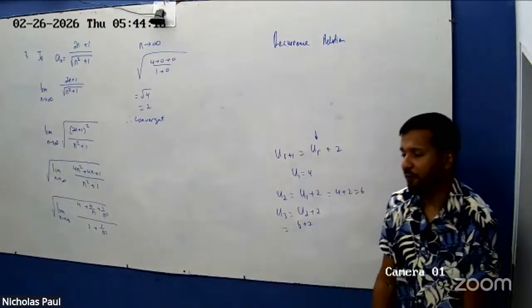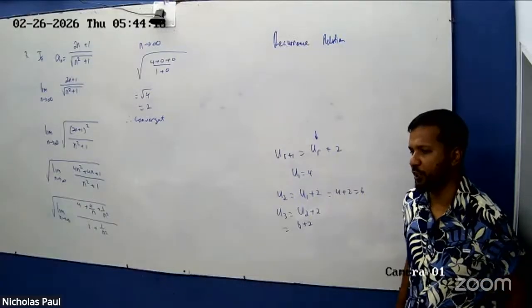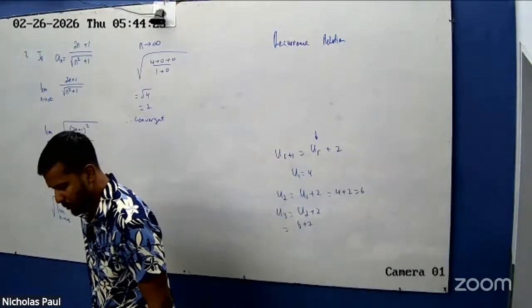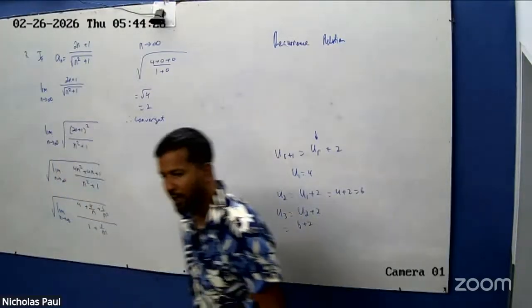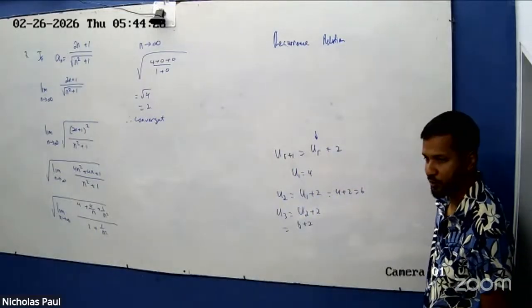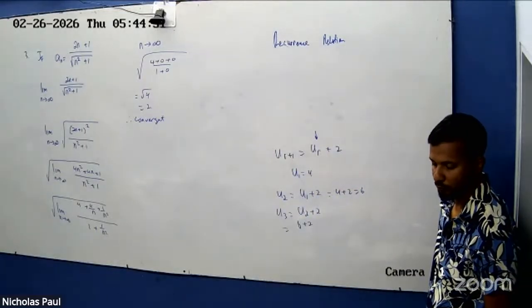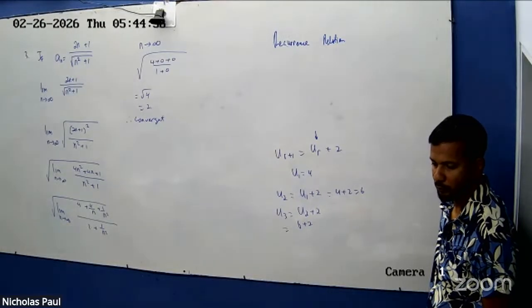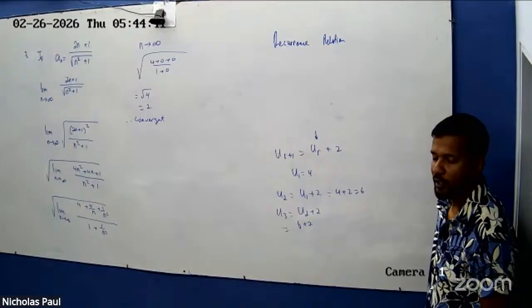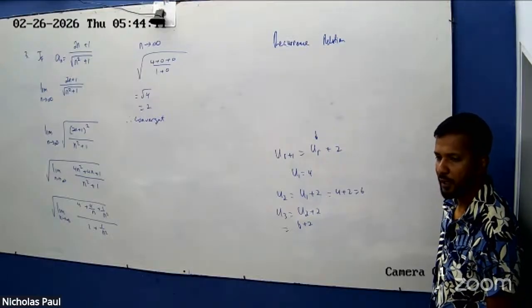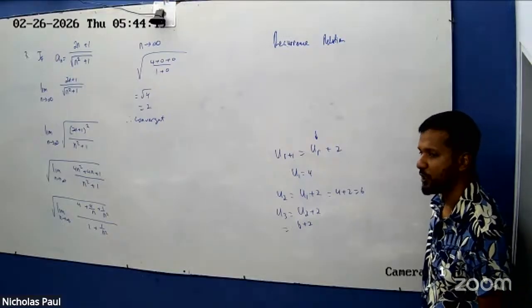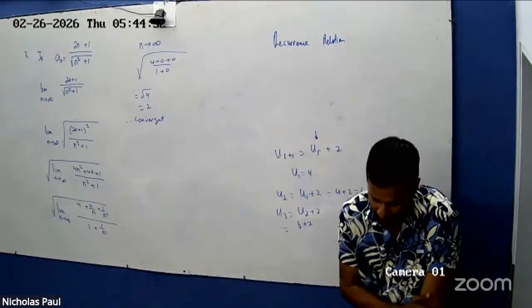A recurrence relation is one in which a term is dependent on a preceding term.